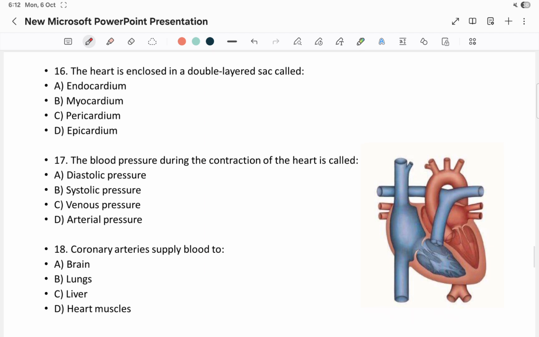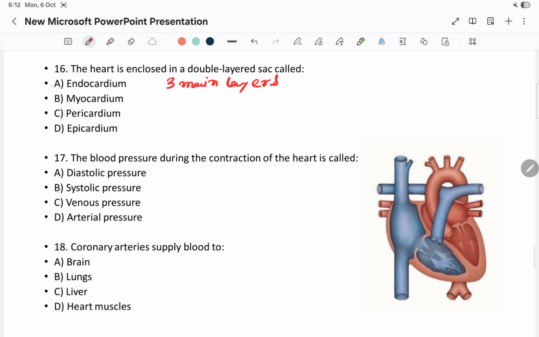Question number 16. The heart is enclosed in a double layer sac called. So we know that our heart has three main layers, namely endocardium, the innermost layer, myocardium, the middle layer, and epicardium, the outermost layer.